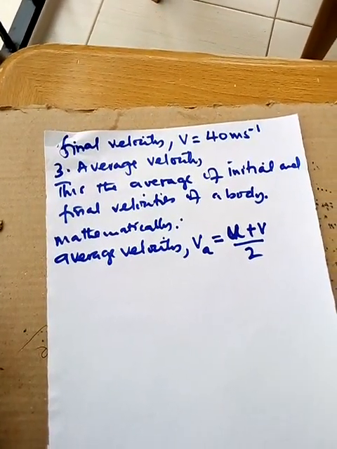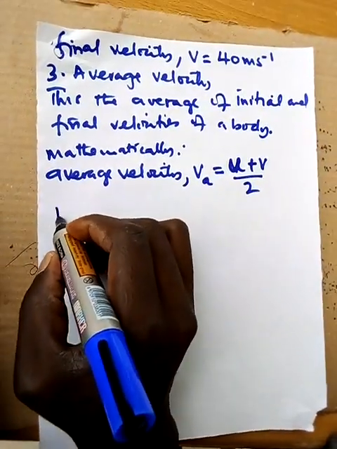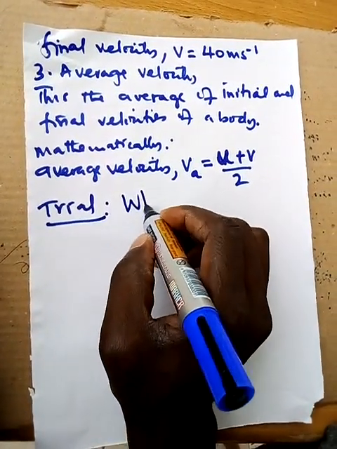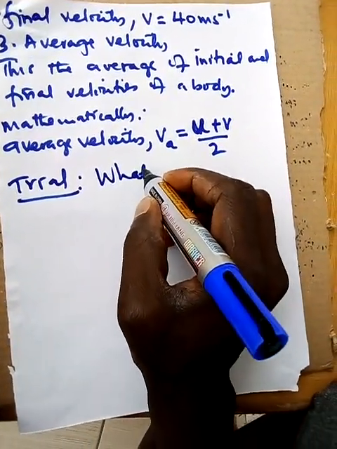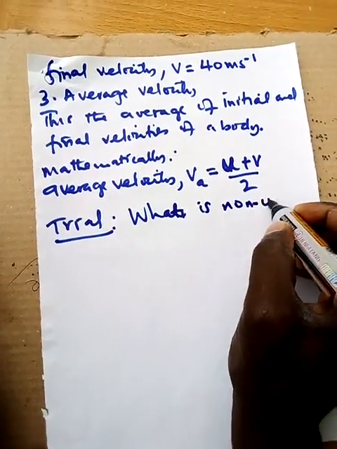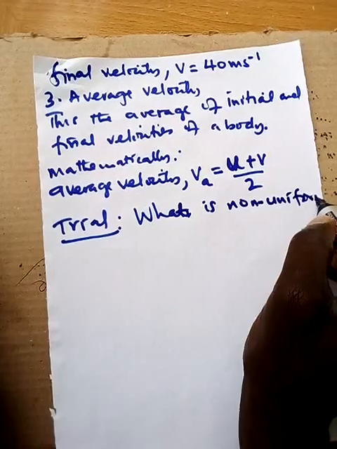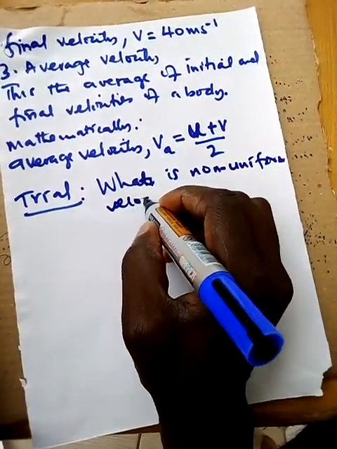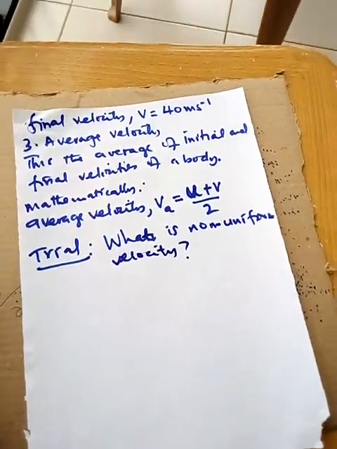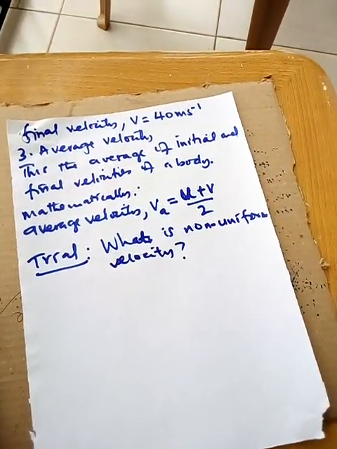By the way, try this. What is non-uniform velocity? I'd forgotten that.